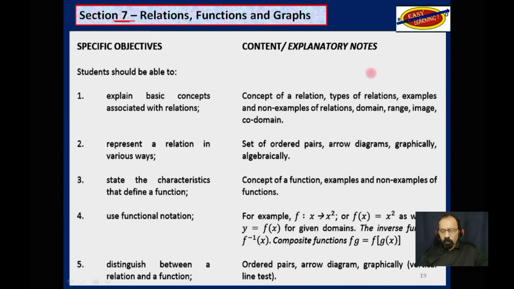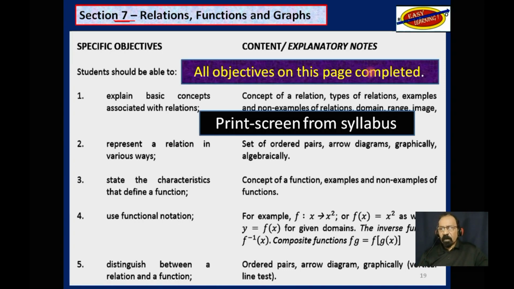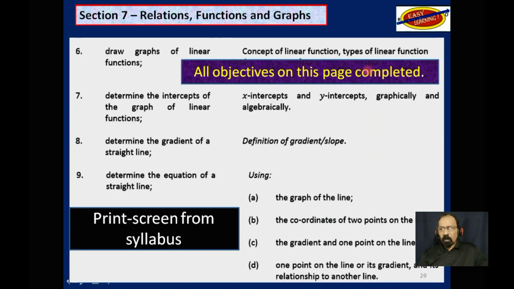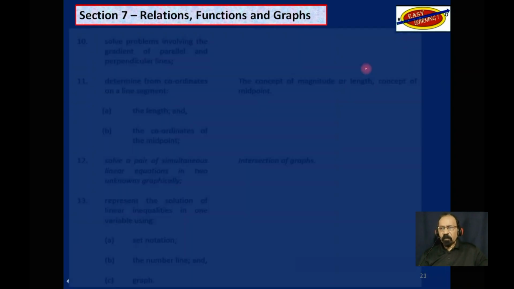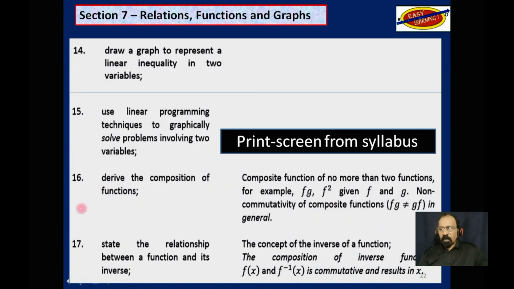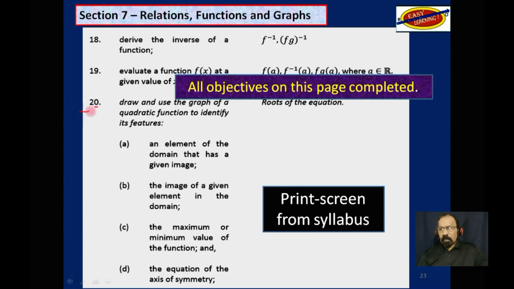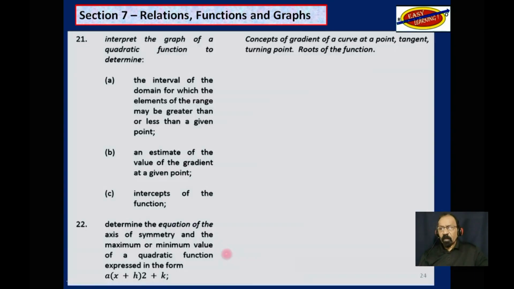As I said, we are now at section 7. I am going to go through these next few slides quickly. All of those objectives have been completed. All of these objectives up to 13 have been completed. All of these objectives up to 17 have been completed. All of these objectives up to 20 have been completed. All of these up to 22 have been completed.